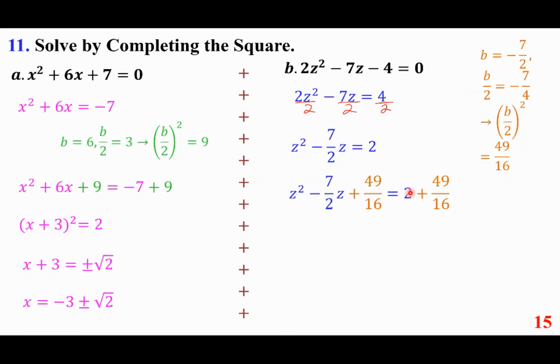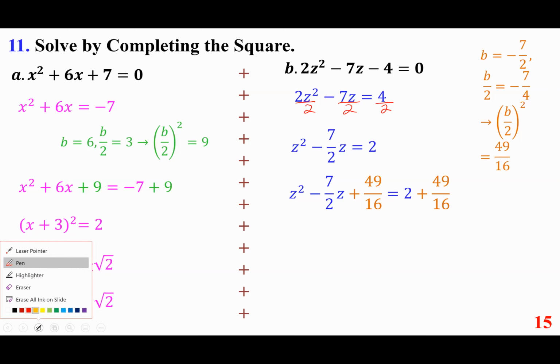The right side, we have to add these two numbers, and I hope you realize this one is like 32 over 16, because we want to take a common denominator, so it becomes 81 over 16.